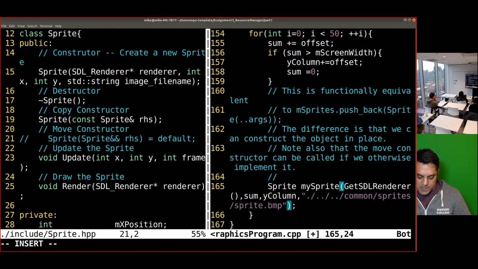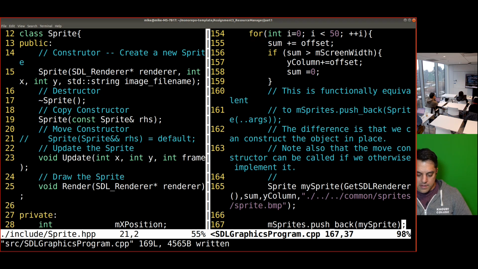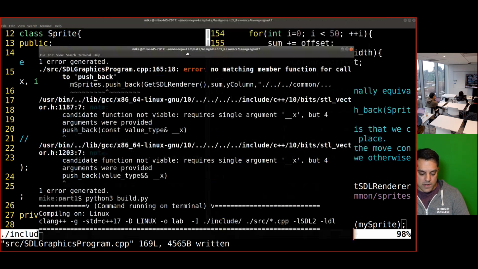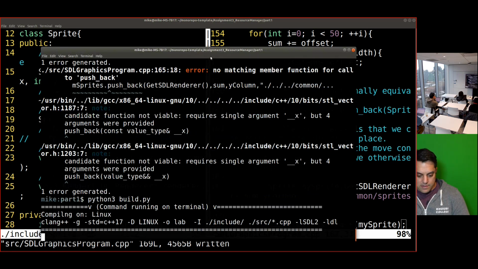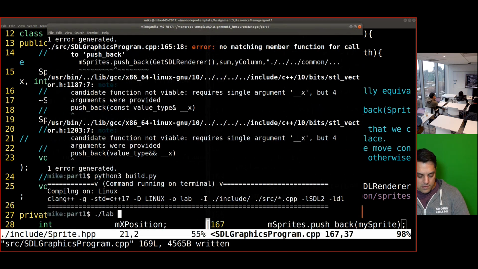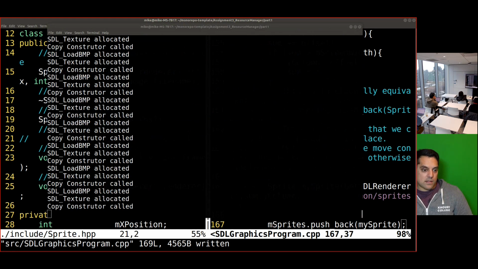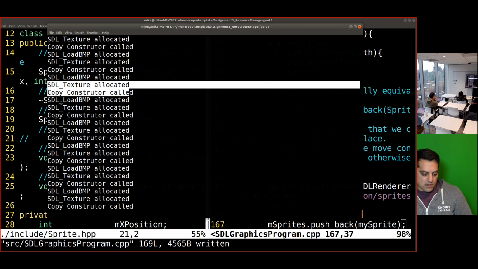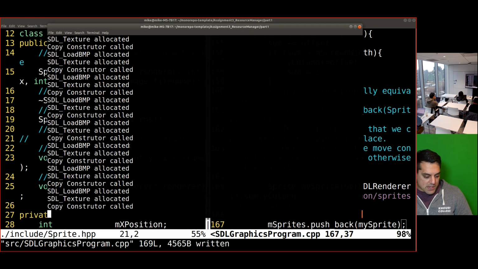Sprite, yeah, something like that. And sprites. Something like this. Okay. Let's try to recompile that. Let's see, it's going to make copies. Yes, almost every time, right? Okay. We're passing it in.